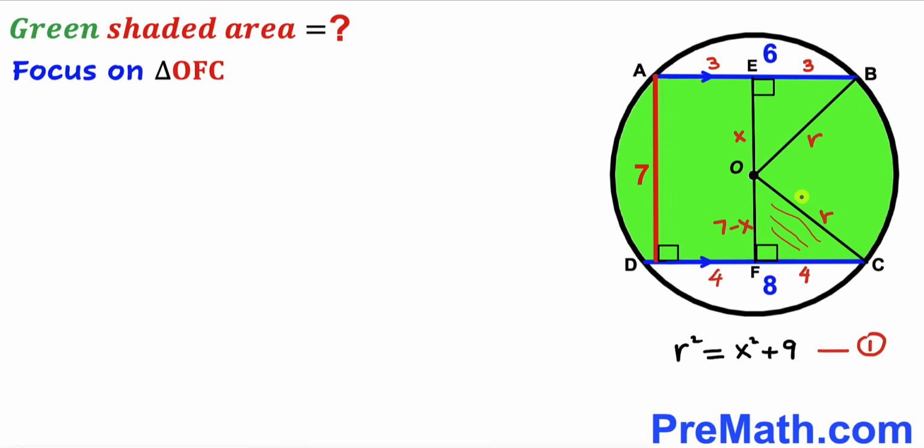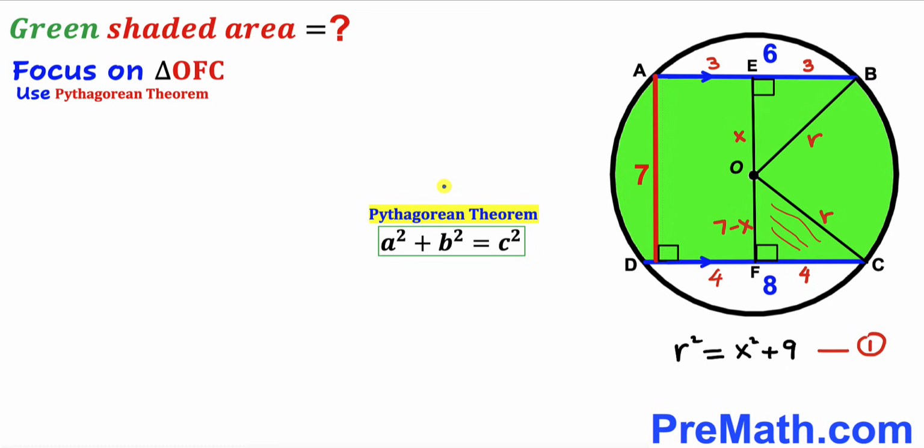Now we are going to focus on this other right triangle OFC as well, and apply the Pythagorean theorem on this triangle as well. Here is our Pythagorean theorem once again. In our case, our hypotenuse is radius r, whereas our two other legs are 7 minus x and 4. Let's fill in the blanks.